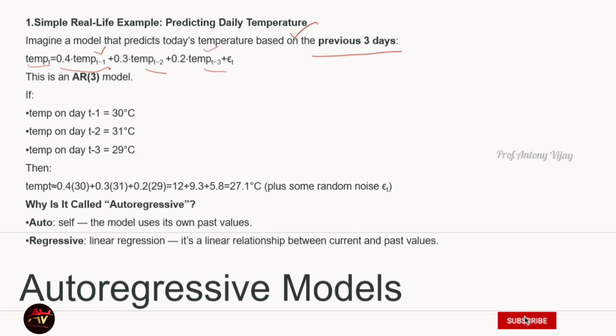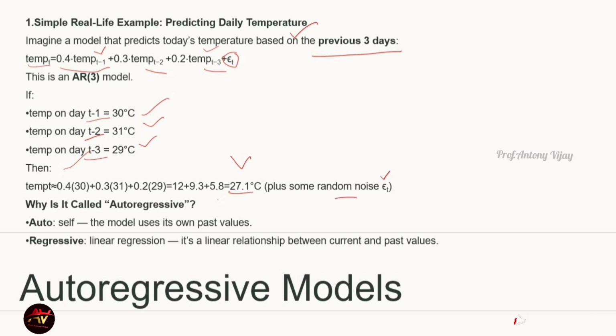Multiplying and adding these and finally adding some noise, we have temperatures like 30 degrees Celsius for T minus 1, 31 degrees for T minus 2, and 29 degrees Celsius for T minus 3. Finally, applying all those values, we got 27.1 degrees Celsius for the current situation, plus some random noise.